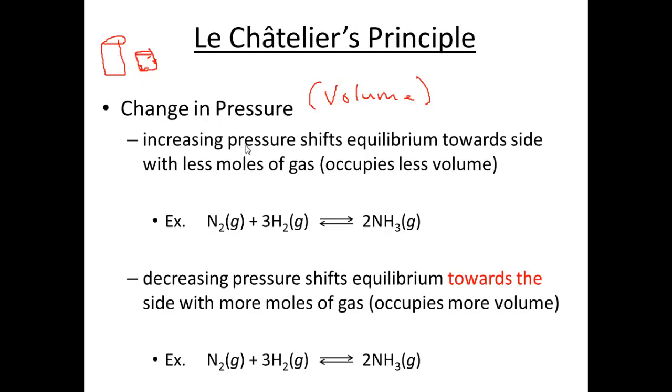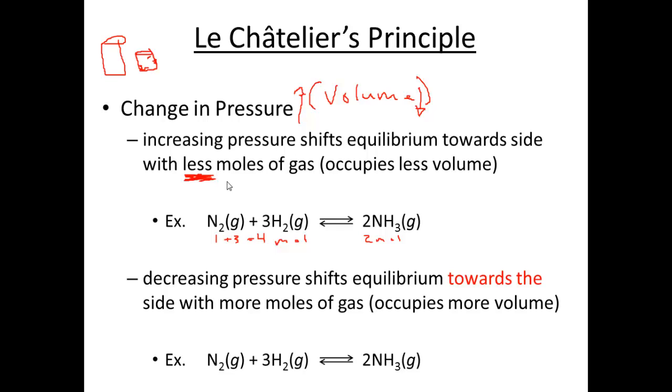So if we're increasing the pressure, what we're really doing is decreasing the volume. Okay, so if we're going to be increasing the pressure or decreasing the volume, we're going to be shifting to the side with less moles of gas.